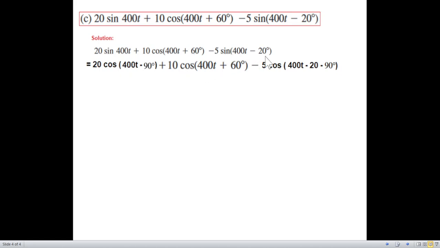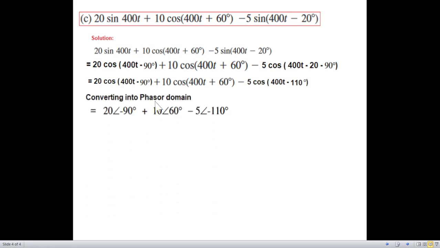This is sine, so here also we change to cosine and subtract 90 from this angle. Now solving this, we get minus 110. And now we can write in polar form or phasor domain, the magnitude and angle, magnitude and angle, and magnitude and angle.